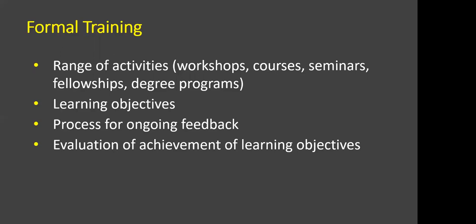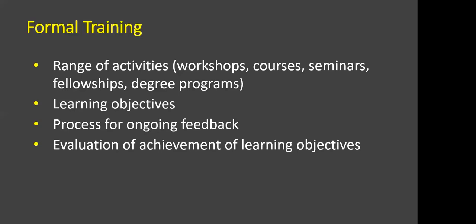And then you saw all the information about the standards that keep referring to what is formalized training. So one of the first things we wanted to do as we got ready to do this literature review was, okay, what is the difference between formal and informal training? And trying to find what the literature defines as those. What we found is that formal training includes a range of activities from workshops, courses, seminars, fellowships, degree programs.